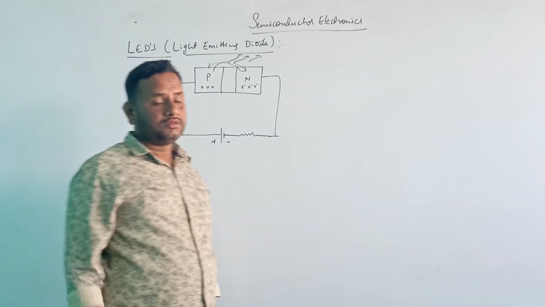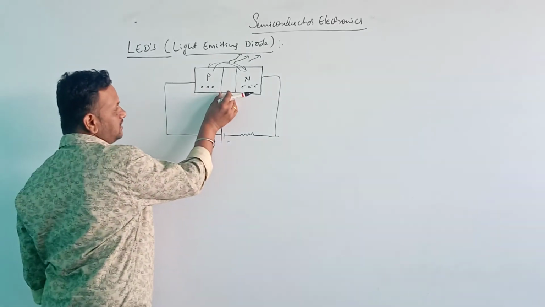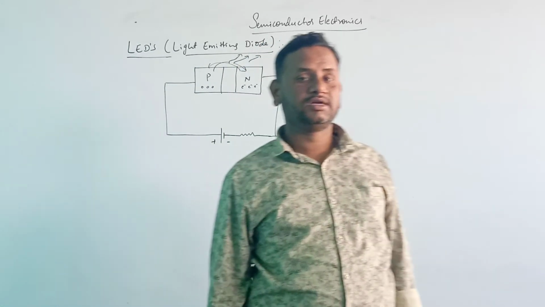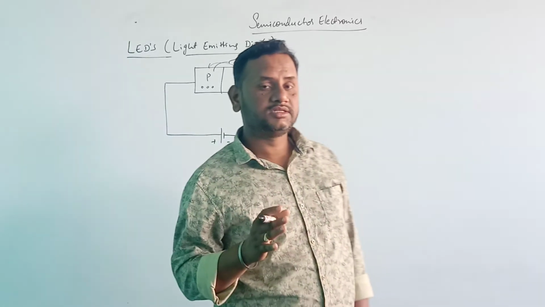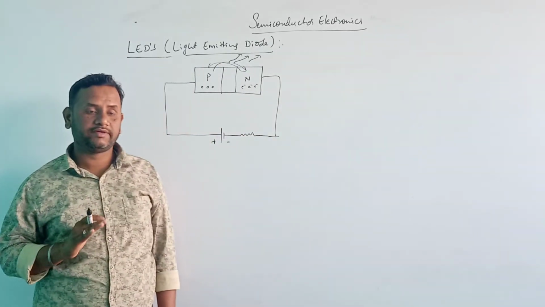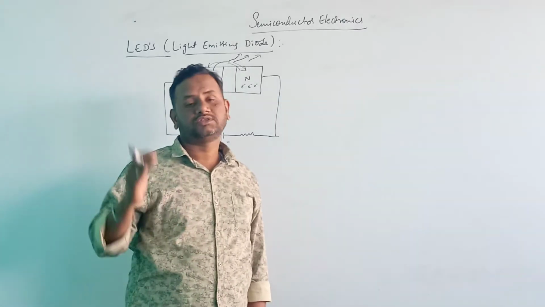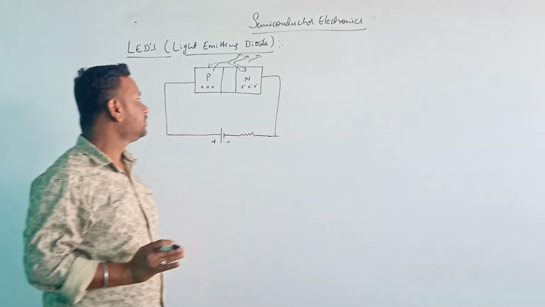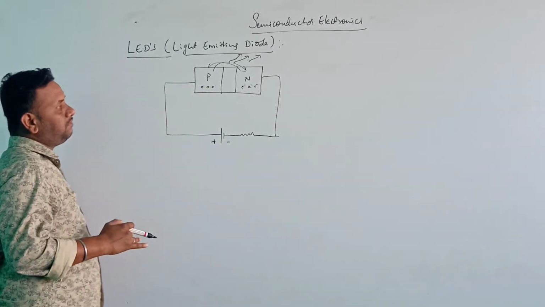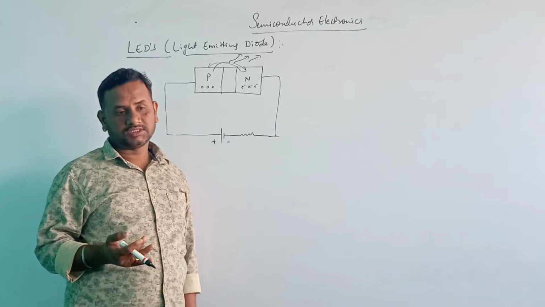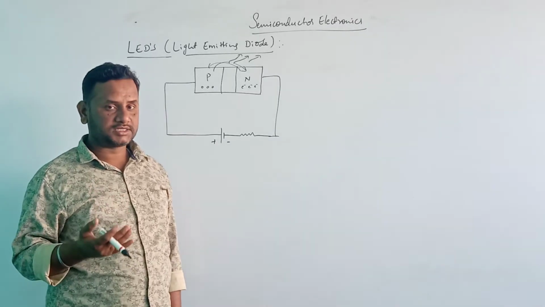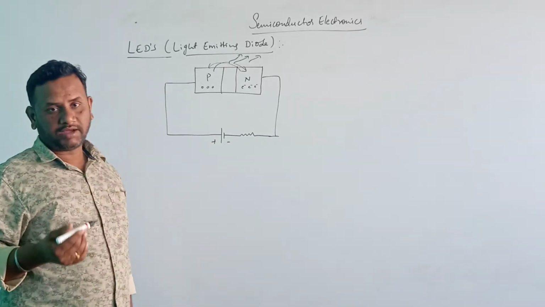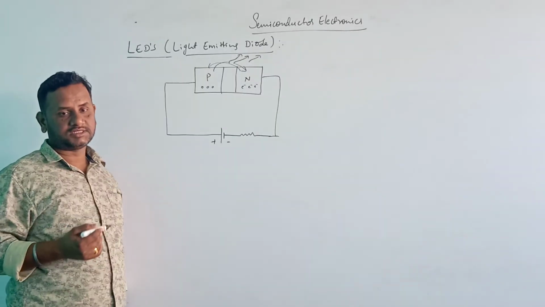Now the depletion region is very thin under forward bias, and on either side of this depletion region we have positive ions and negative ions. The majority charge carriers combine with the minority charge carriers.